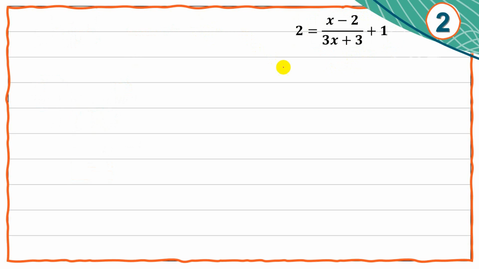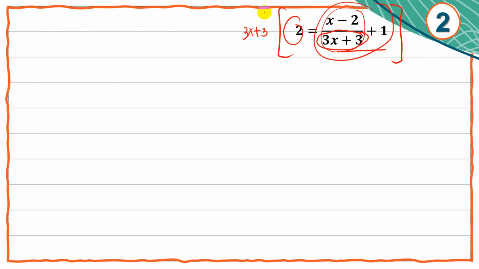Then for the second one, as you can see, we don't have single fractions because we have a binomial here, so a fraction and also 1. If that's the case, all we need to do is to omit the denominator by multiplying all by the denominator that you are seeing, 3x plus 3. In this case, the idea is we will be distributing to each term.